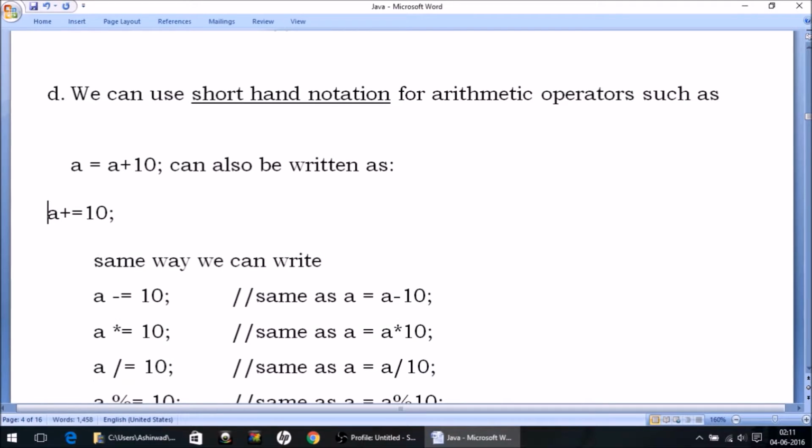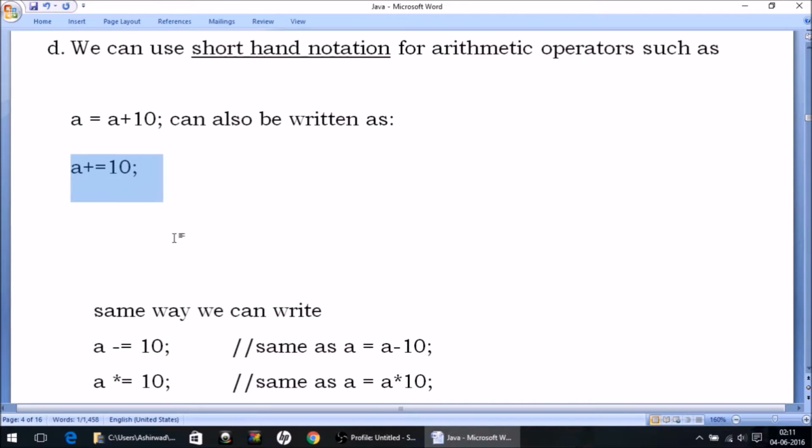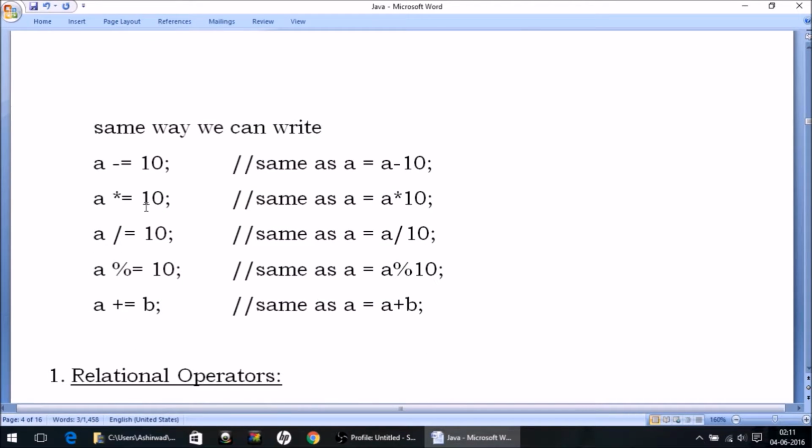It is just the style preference or the language setting, or with whatever format you people feel comfortable. So there is no difference between this and this. So what I have written is a plus equal to 10, which means a is equal to a plus 10. Same way you can use the other ways.